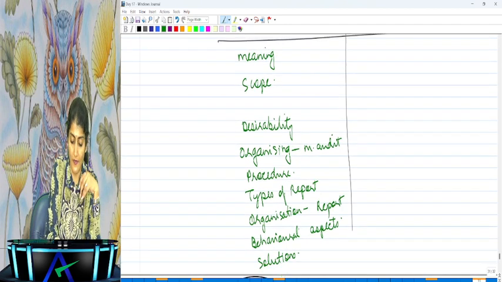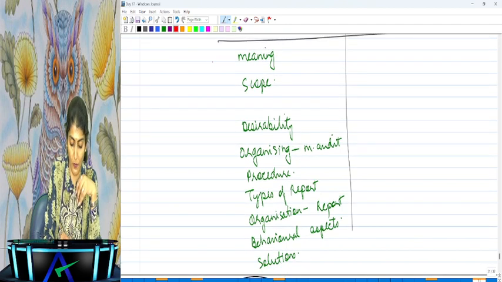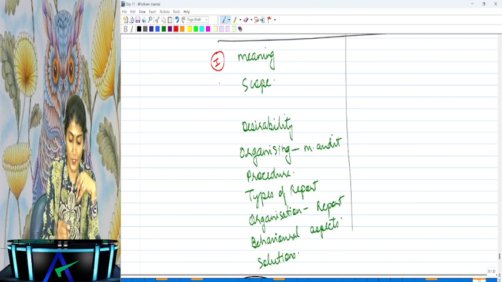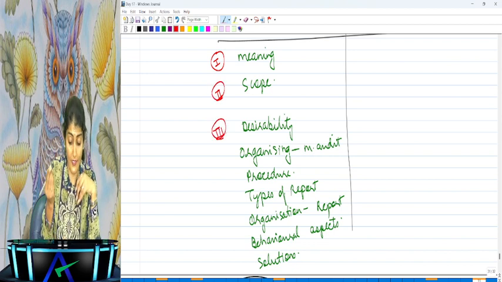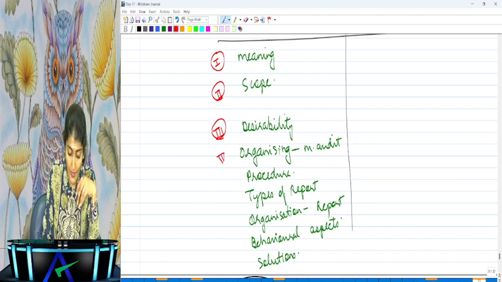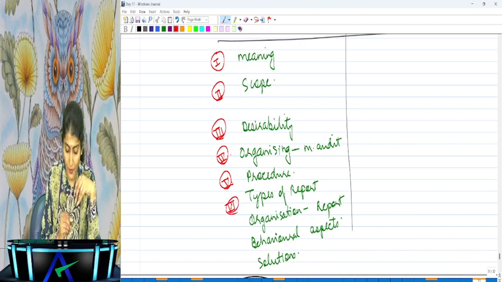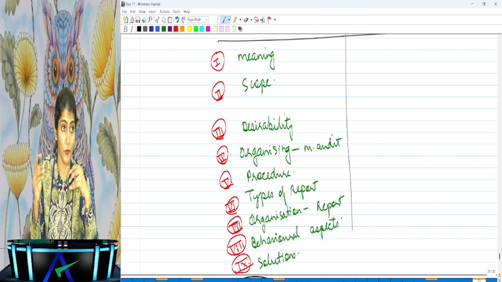So one, meaning of management audit, then the scope, then the desirability, then organizing a management audit, then the procedure for conducting it, the types of reports which could be issued by the management auditor, organizing the written report, the behavioral aspects encountered by the management auditor, and the solutions to these behavioral problems.